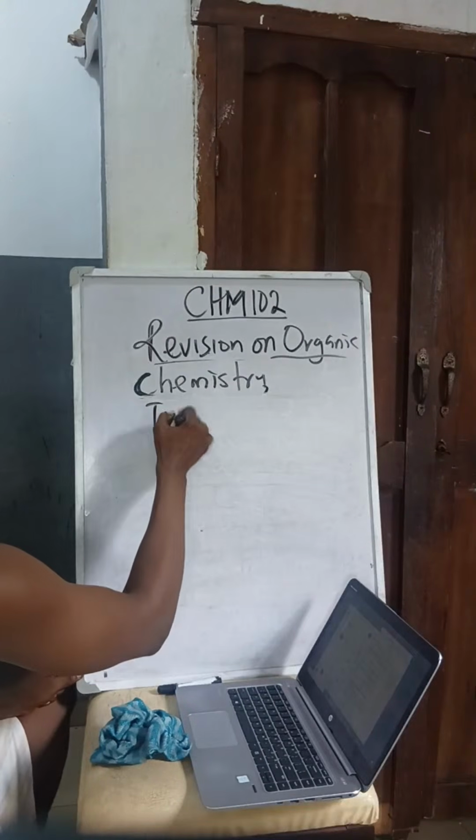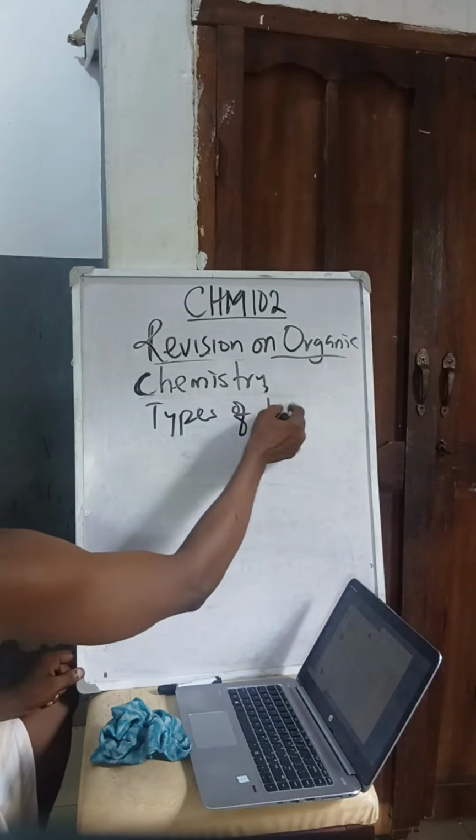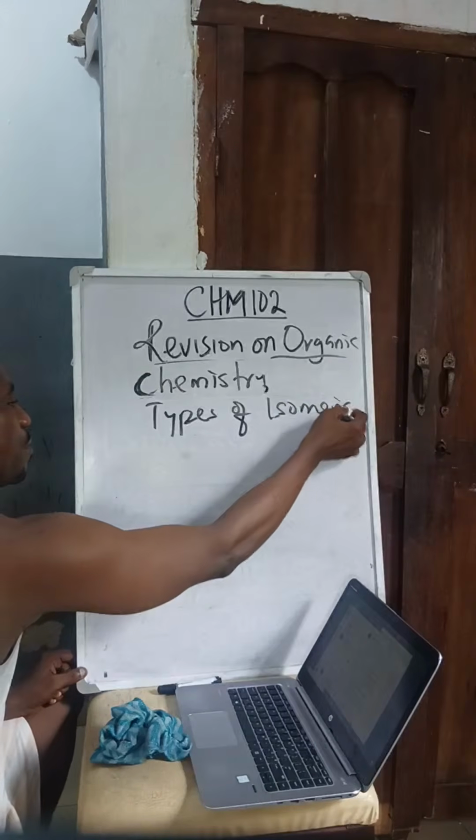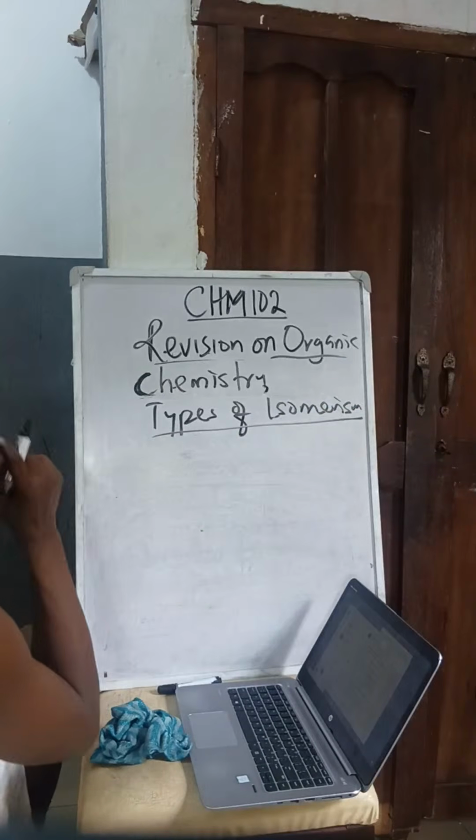Now, we have different types of isomerism, but I'm going to give you the most important ones.